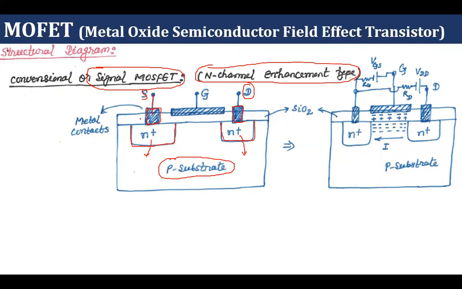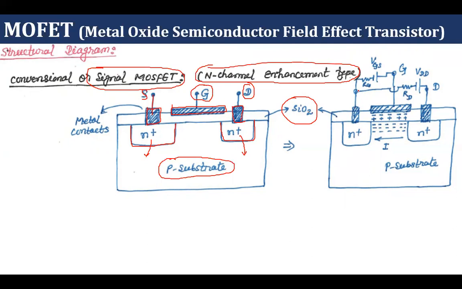In between, we have an insulating layer, which is SiO2, silicon oxide layer, insulating in nature. The gate terminal is placed at the top of this insulating layer, and it is behaving as a gate. So how will this device work?